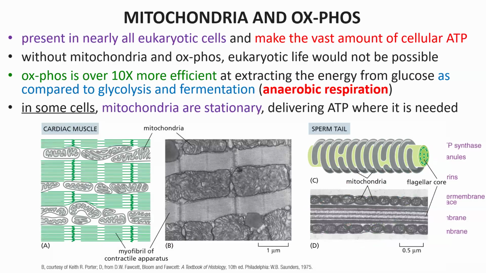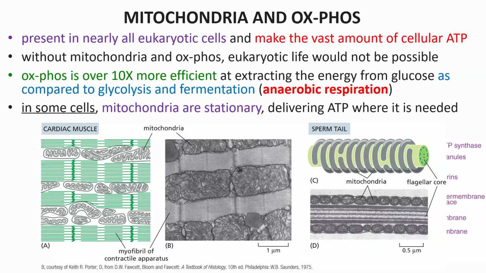Interestingly, in some cells, mitochondria aren't mobile. In some cells, they're stationary and they just grind out ATP, making tons of ATP exactly where it's needed. Some examples of this are in cardiac muscle cells. The mitochondria are stacked between the actin myosin muscle fibers that are responsible for the contraction.